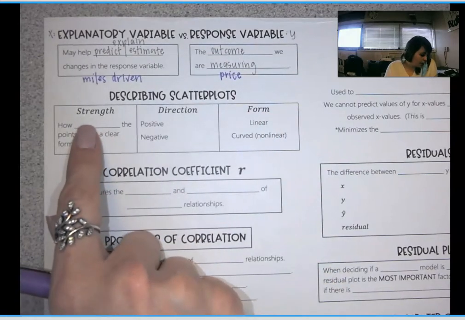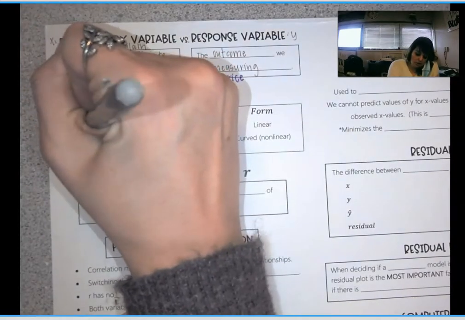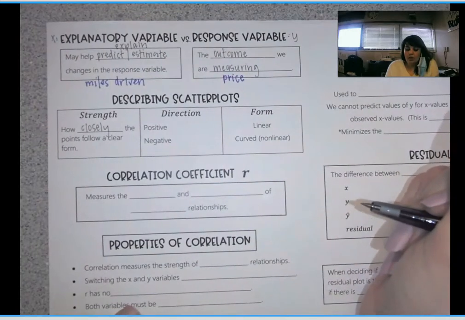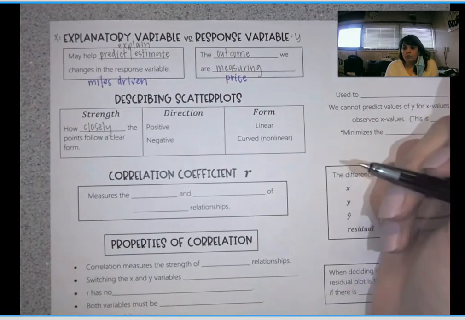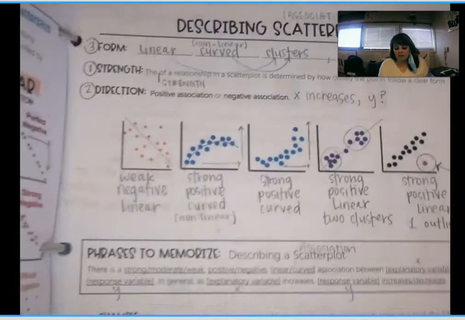So strength is how closely the points follow a clear form. If you go back and look through our notes at the scatter plots that have the highest strength, you will find that they are the ones that are closest to a specific form.